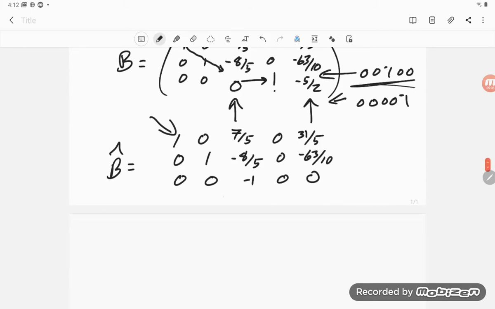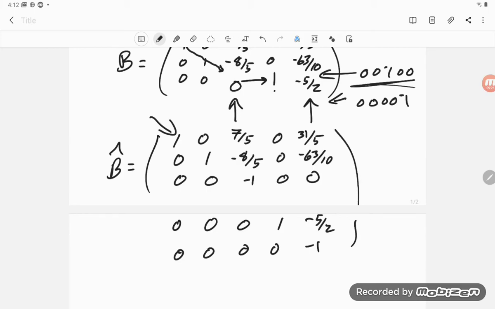Add the 4th row because that had the 1 in the 4th column, 0, 0, 0, 1, and minus 5/2. And then finally I add that last row, 0, 0, 0, 0, negative 1, and you see now I've made a 5x5 nice square matrix.